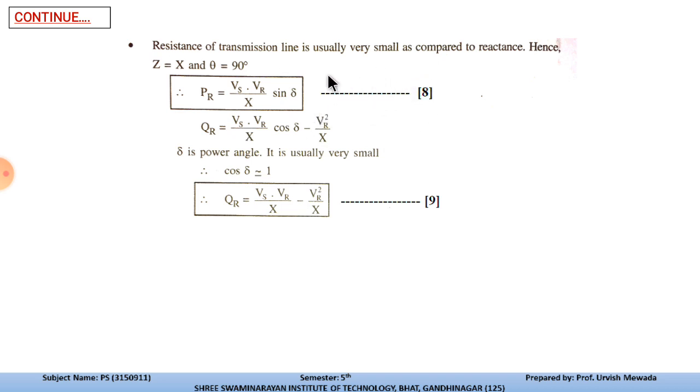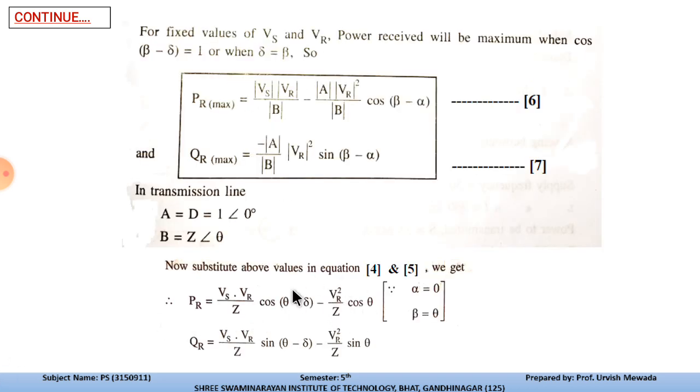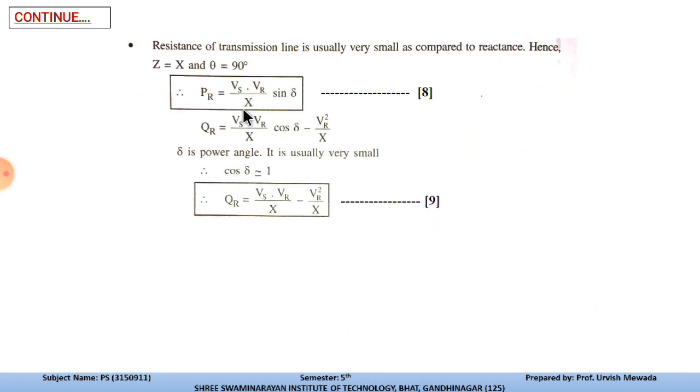So Z is equal to r plus jx. If r is equal to 0, then Z is equal to X. If we consider theta is equal to 90, then our equation for the reactive power will become Vs into Vr by X into sine delta.